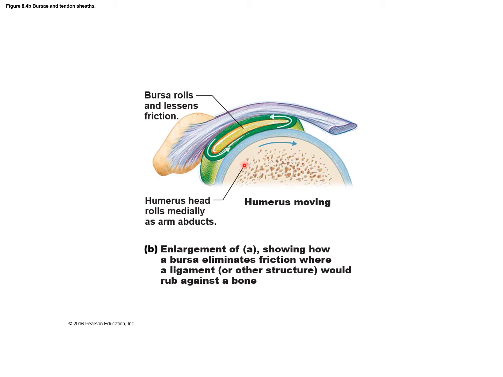So when you're moving your shoulder, there will be some movement of this humerus against this ligament. But to prevent that, we have this beautifully, perfectly placed bursa, which helps prevent friction.